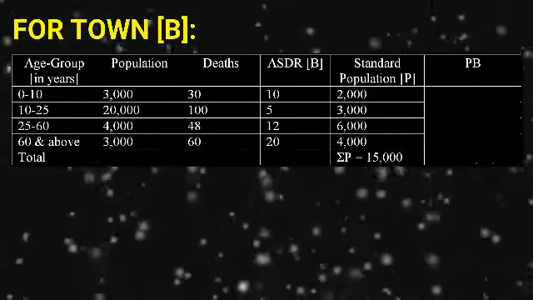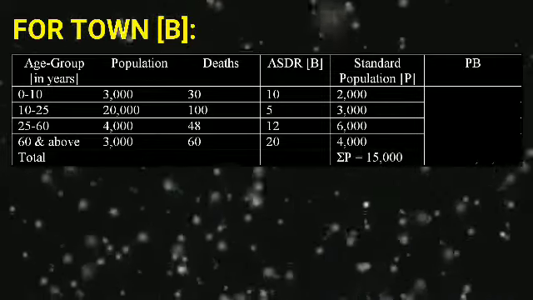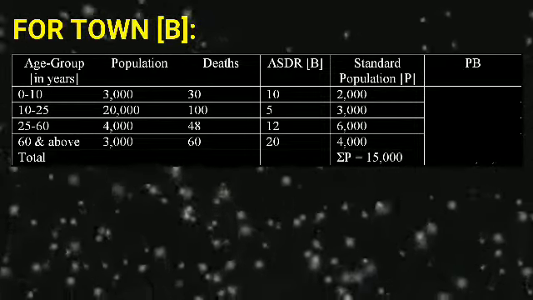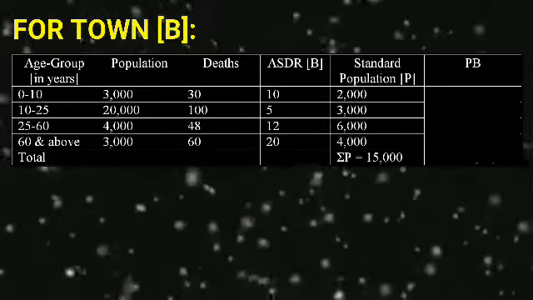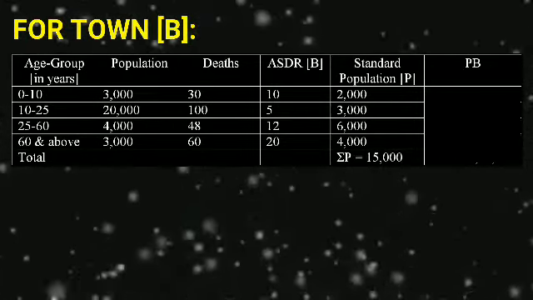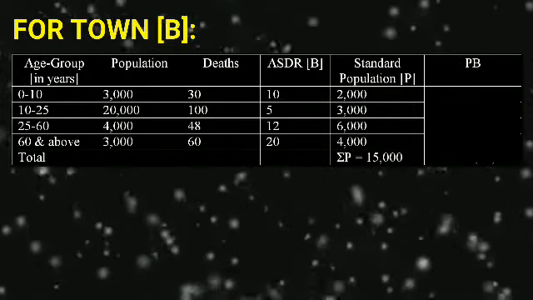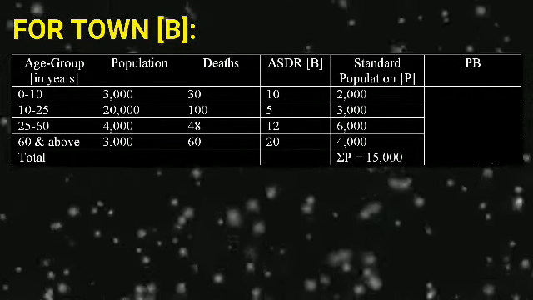After that, in the next column, as usual, copy the standard population, which is denoted as capital letter P, and find the sum total of standard population. Since it is same for both A and B, you can copy the total value from the previous table, which is 15,000. So sigma P equal to 15,000.